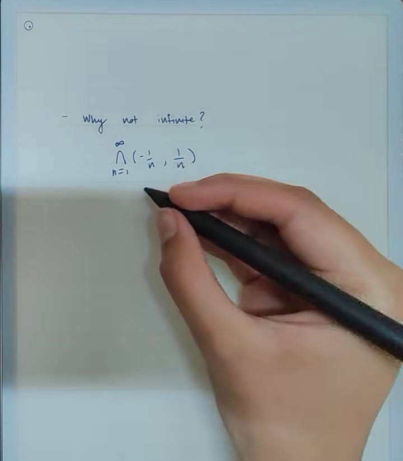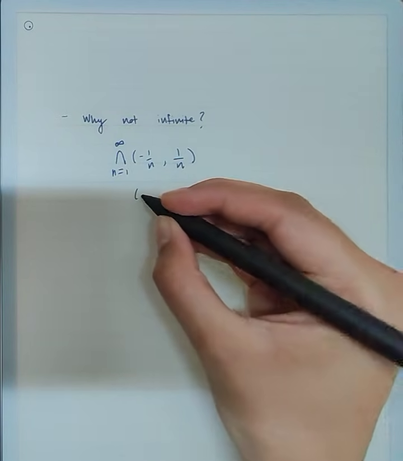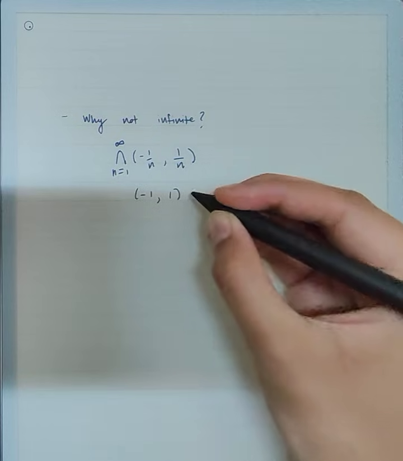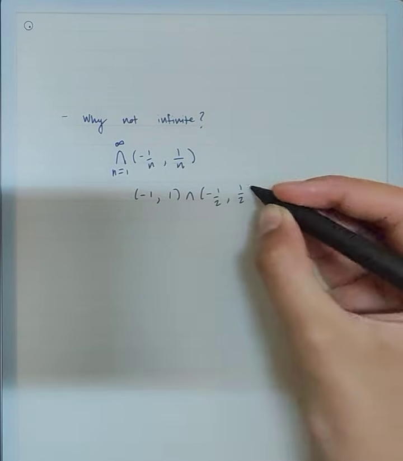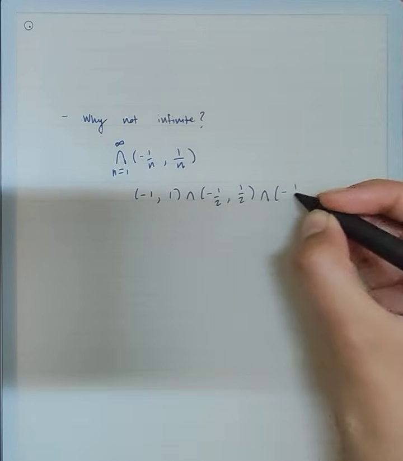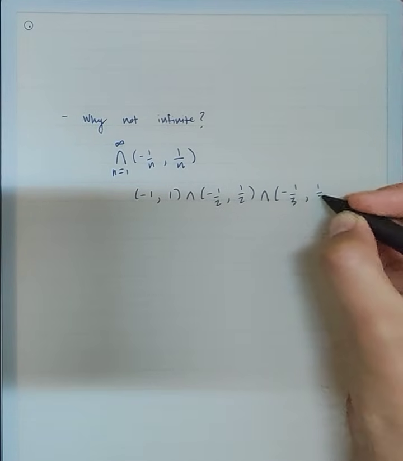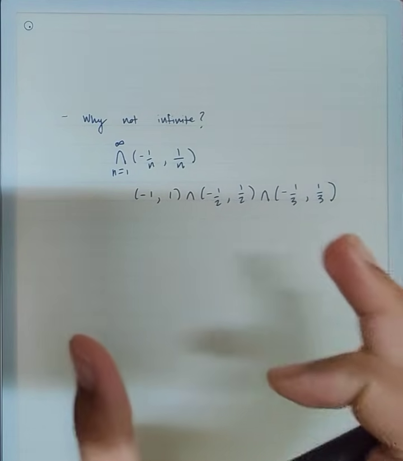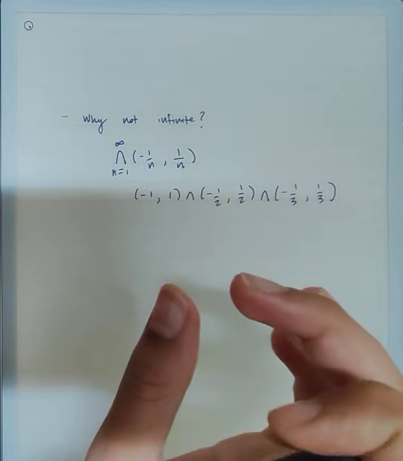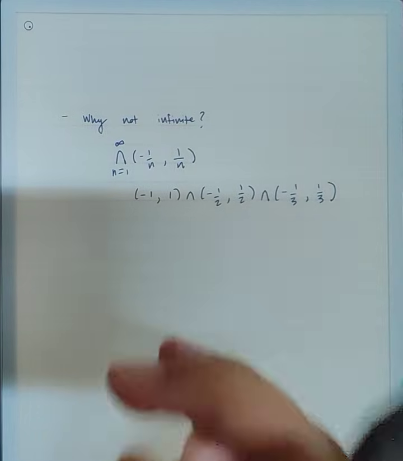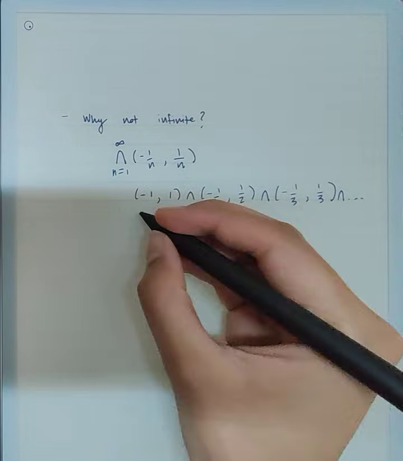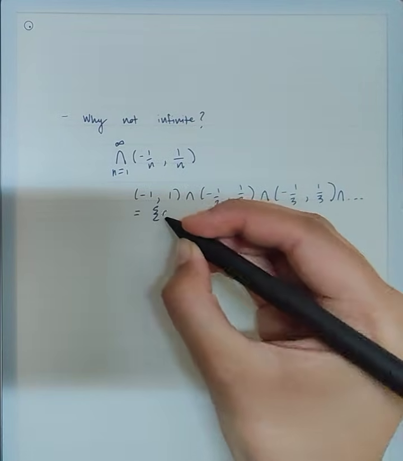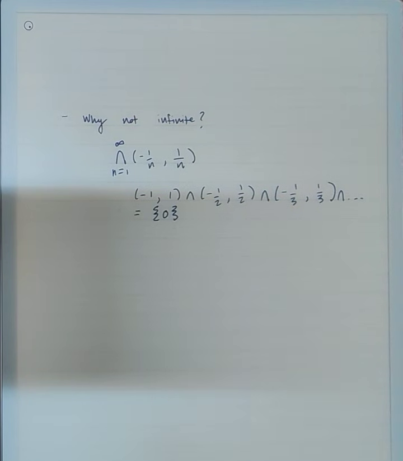So essentially what we're looking at here is (-1, 1) intersect (-1/2, 1/2), intersect (-1/3, 1/3). So my number line gets smaller and smaller and is constantly centered around 0. So if I take the infinite intersection of that, I will just get the set containing 0.